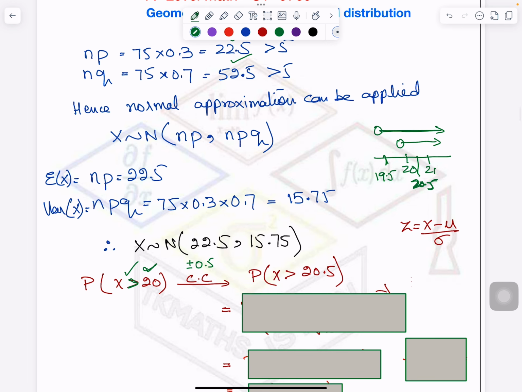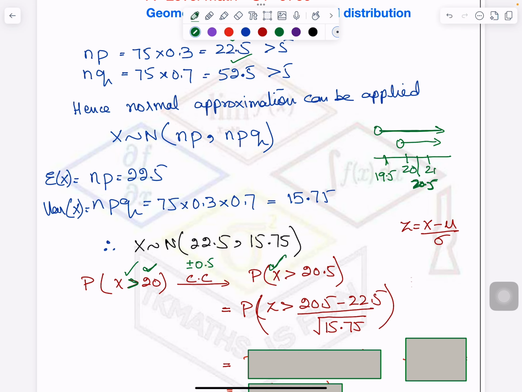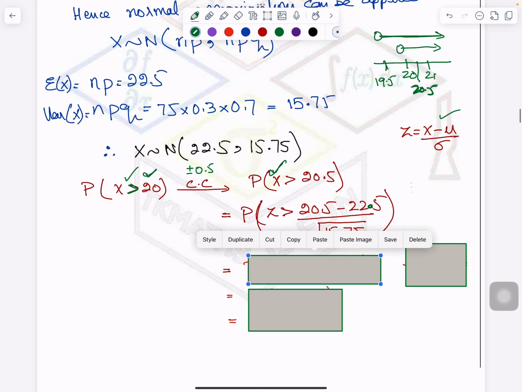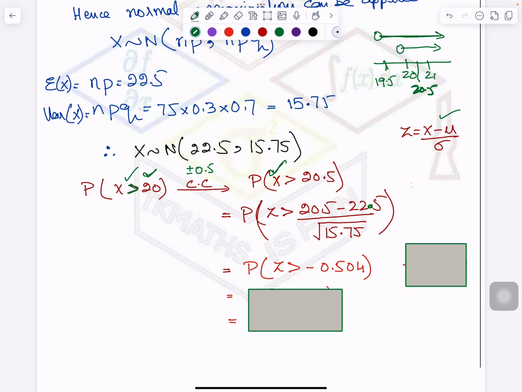After that, we know z equals x minus mu over standard deviation. So I will change this x into z with the help of this formula. Right, I have applied this formula. x is 20.5, mu is 22.5, and 15.75 was the variance, so I'm taking the square root of it. Then using the calculator, I got the value of z, which is coming minus 0.504.